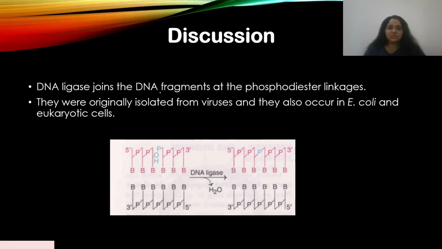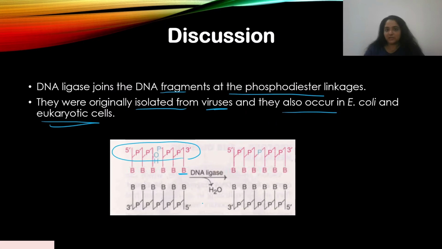So DNA ligase joins the DNA fragments at the phosphodiester linkages. They were originally isolated from viruses and they also occur in E. coli and eukaryotic cells. Okay, so you see over here, B represents the base. This is the phosphodiester linkage. This looks like a blunt end.